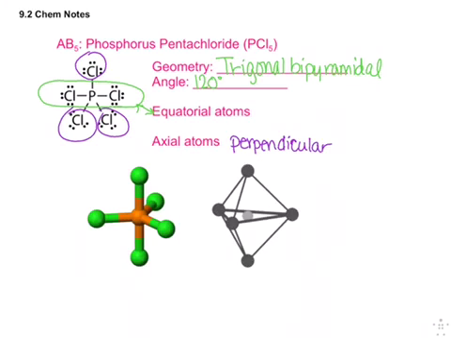Your bond angle between the phosphorus and then a chlorine axial atom will be 90 degrees. Not the 120.